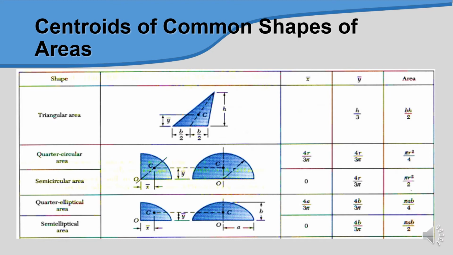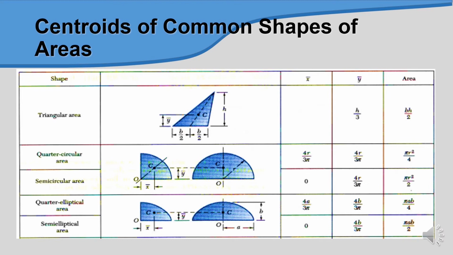Previously I already showed you different shapes with the centroid position, whereby this diagram shows different types of common shapes together with the x bar and y bar values and also the area. This is the formula to get x bar, y bar, and area.